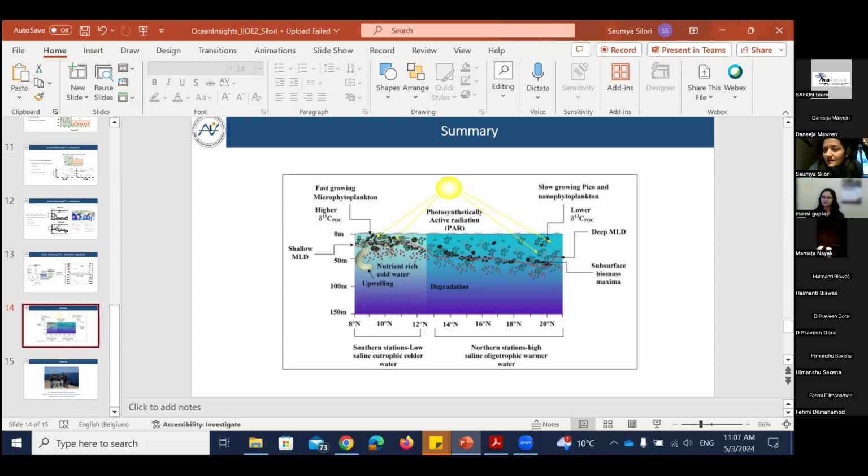Some of the team members are in this presentation, so they have that. But I can say I observed around 15, 16 degrees that the low oxygen waters reach up to 40, 50 meters. It is that intense in the open ocean.